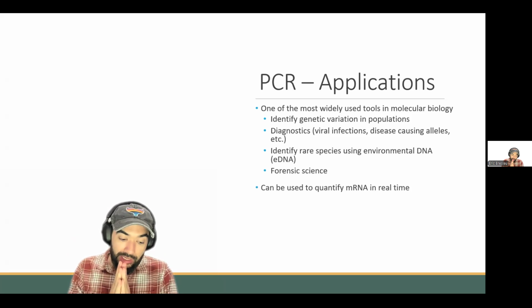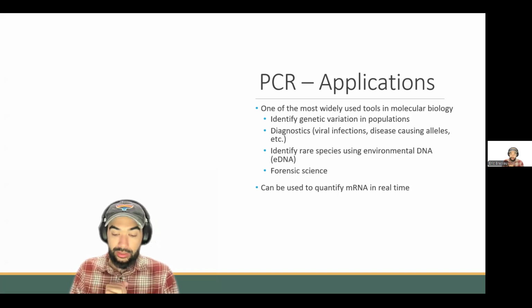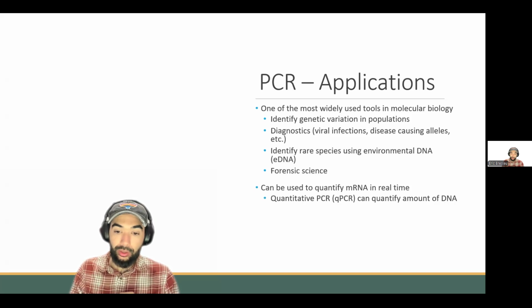PCR has been made much stronger with the advent of two techniques. One is real-time PCR or qPCR, and then the other one is reverse transcription PCR. And so qPCR, I think I talked about that a little bit before.